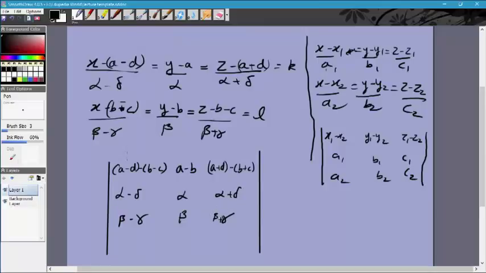And you can clearly see from this determinant structure what you need to do.